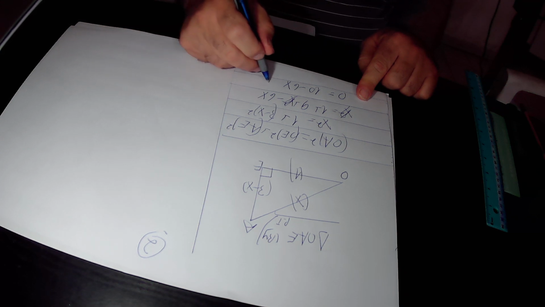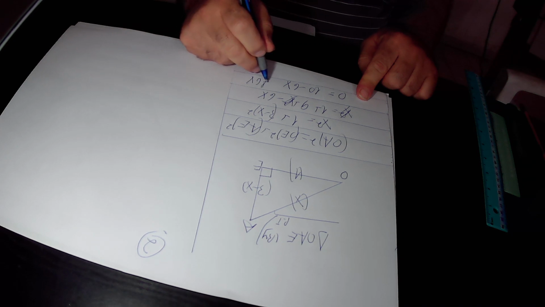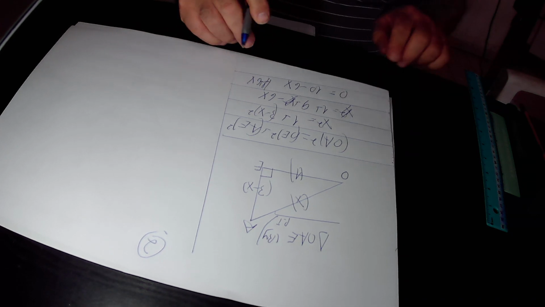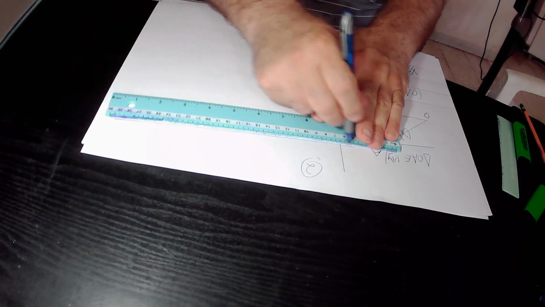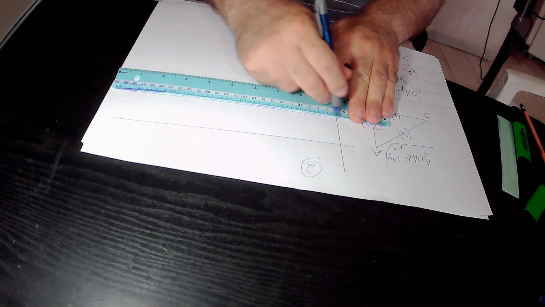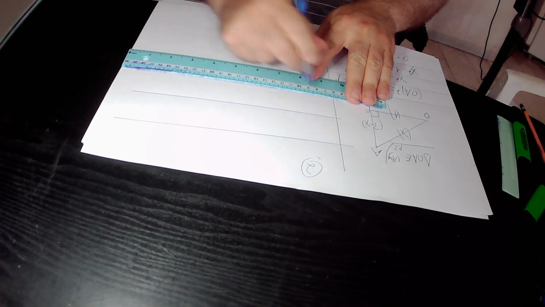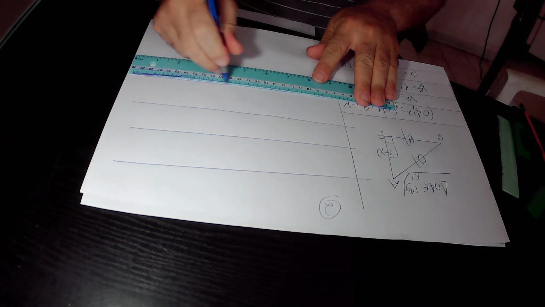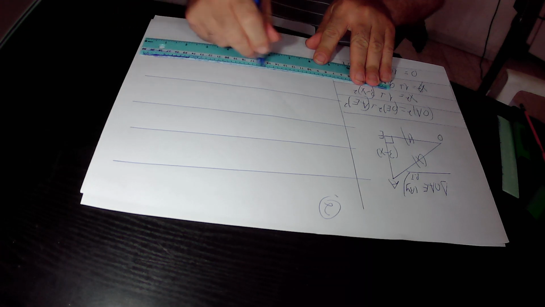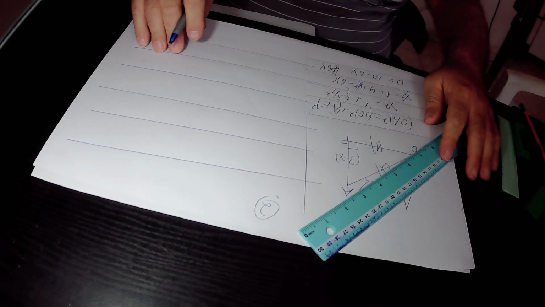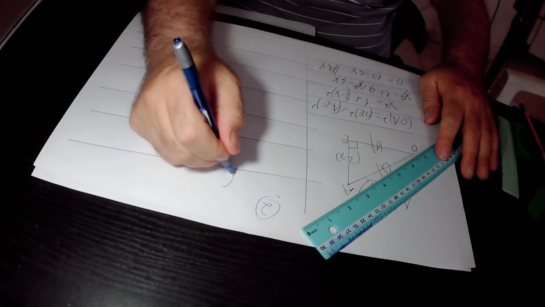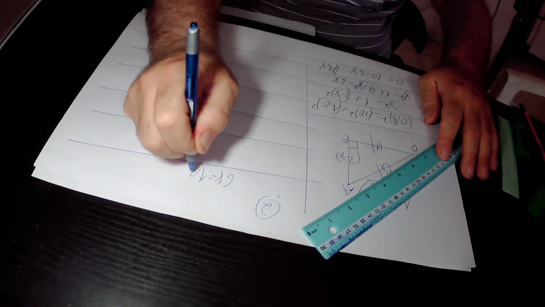Here we add 6x to this equation, and finally get that 6x equals 10.